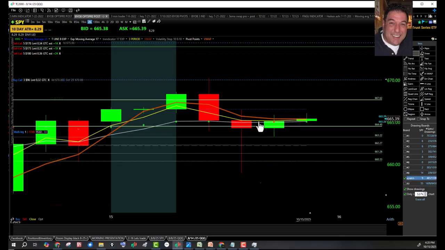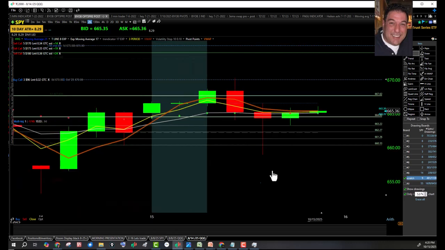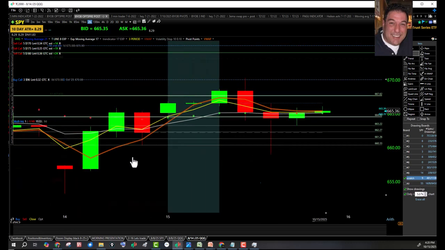Okay, if you look closely, there is daylight between the 3 EMA on the 2-hour chart and the 8 EMA. Okay, it's enough to call it an uptrend. It's not really moving up, but it is moving to the right, and it is holding the higher ground. Okay, that's bullish when that happens. So we got a 10-minute uptrend. We got a 2-hour uptrend.